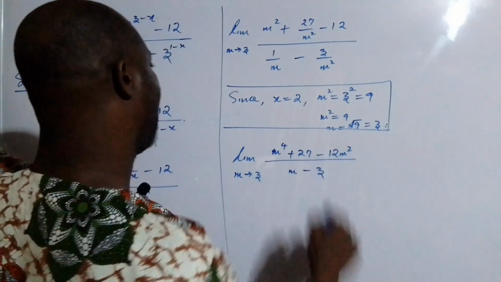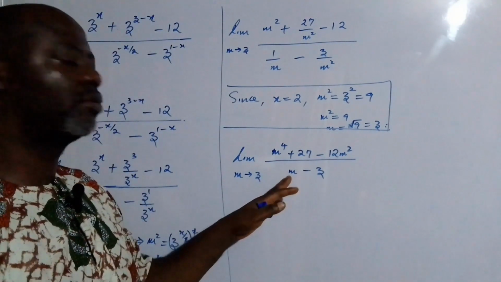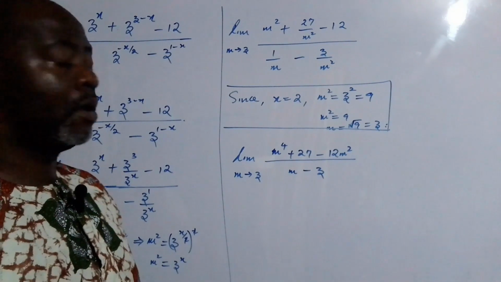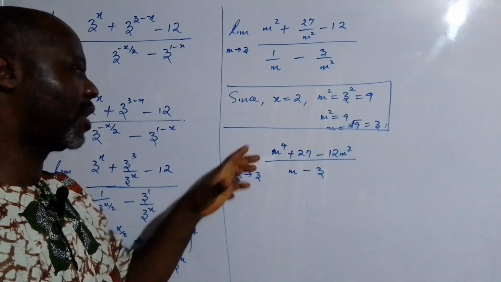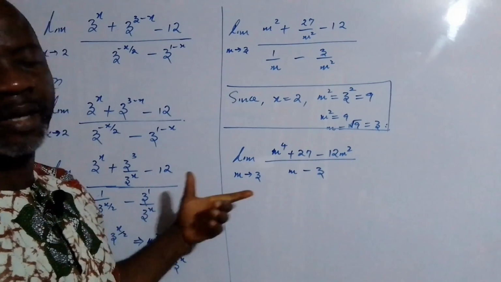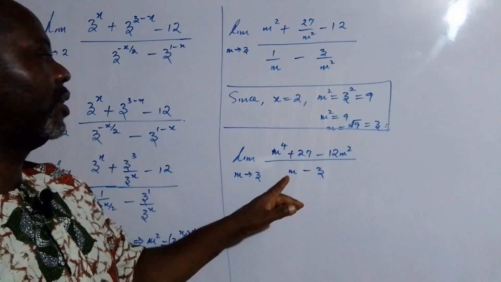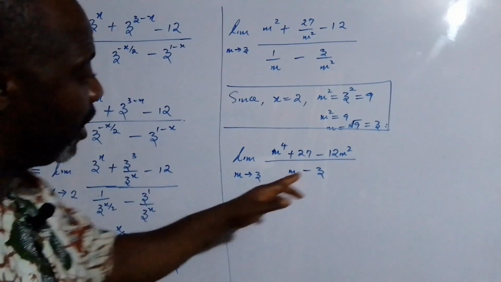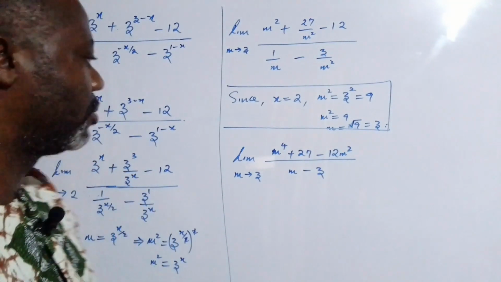At this junction, we can't just do direct substitution, because when it comes to limits, you want to avoid direct substitution as much as possible. Direct substitution of 3 will make the denominator 0, which will give us undefined.